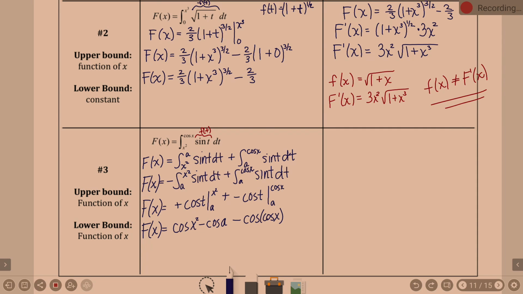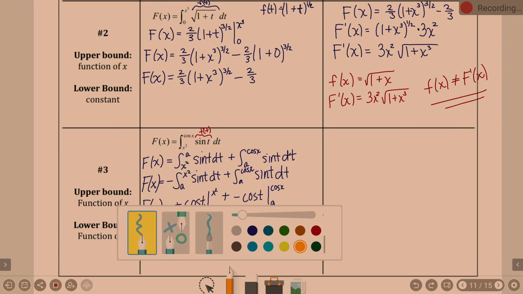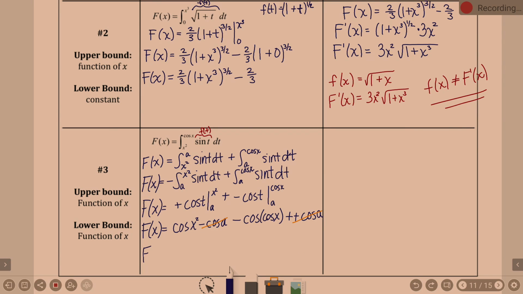Remember, we are subtracting here, or plugging into minus cosine, so this is going to be minus negative, so plus cosine of a. So exactly, the cosine a's, minus cosine a plus cosine a, are going to cancel. So we are at capital F of x is cosine of x squared minus cosine of cosine x.